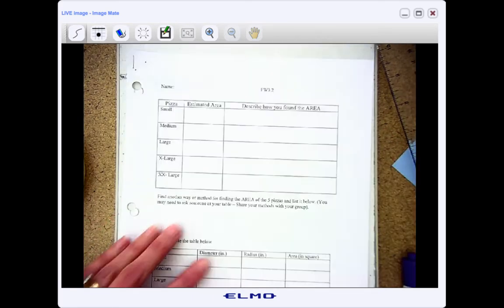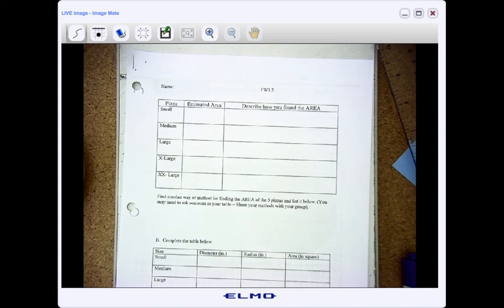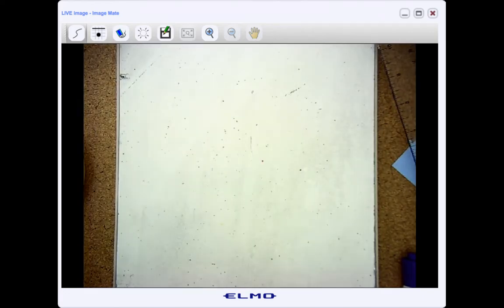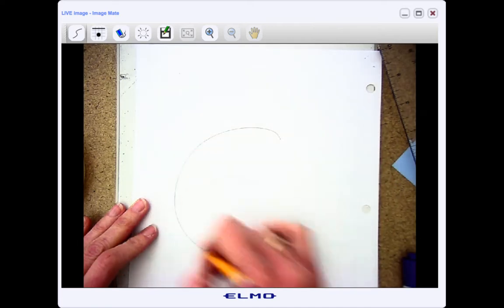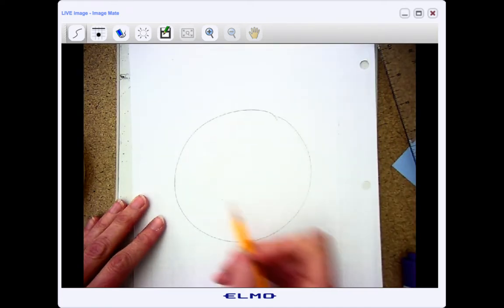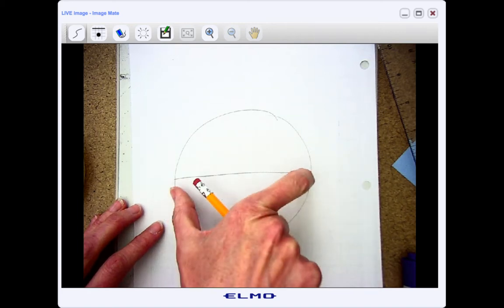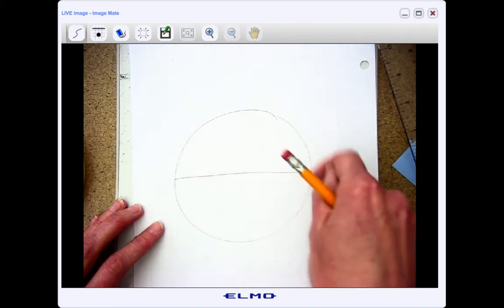Okay, so do you remember what we were supposed to learn yesterday? That on any circle, no matter how big or how small, if you measure the distance across, that's called the diameter. How many of these diameters will fit around the outside of the circle?